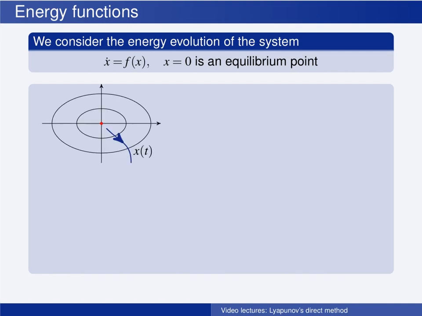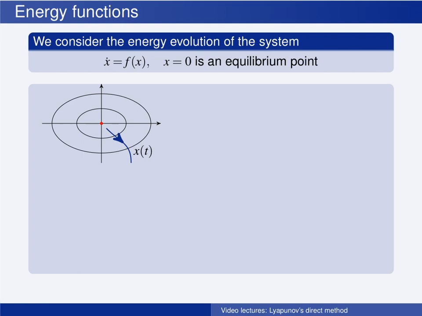For instance, if the system trajectory moves towards level curves representing higher and higher energy levels, like here, then we see that this corresponds to moving further and further away from the equilibrium point at the origin, which should suggest that the origin is unstable.